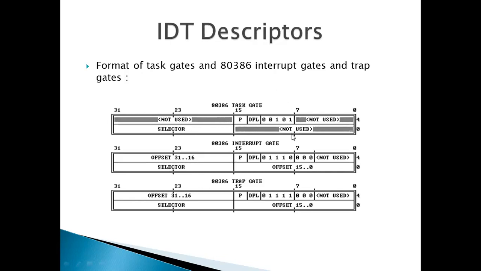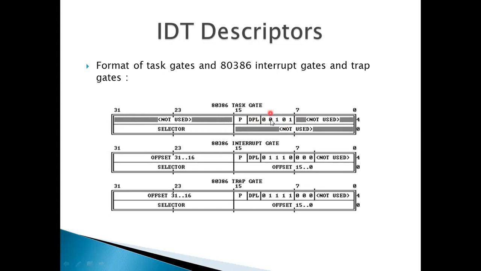Other than that, it will refer, right? Just highlighting this. If you are able to get the part which is a part of your offset, we have the P bit and the DPL bit, the descriptor privilege level, which will be changed along with the type bit.